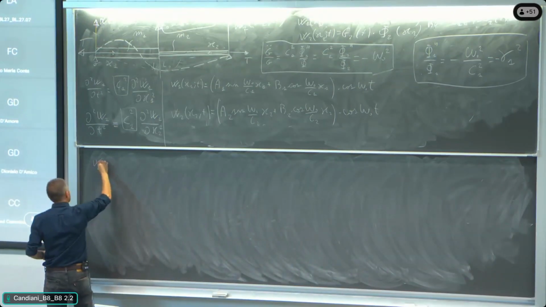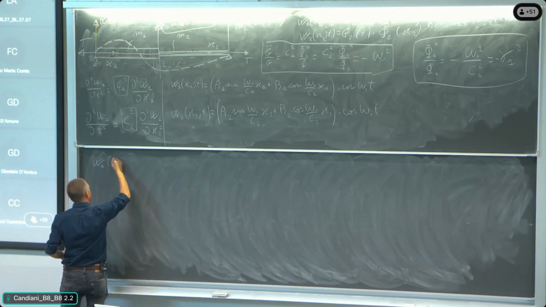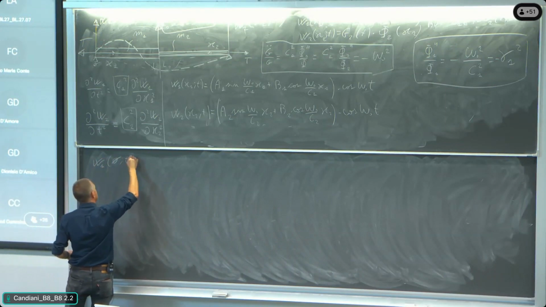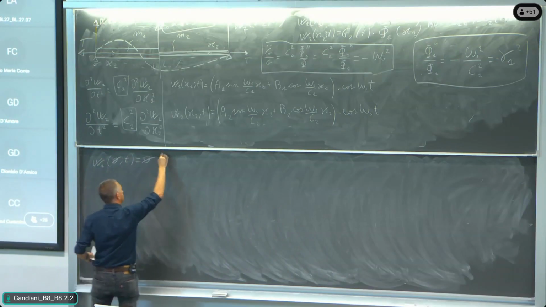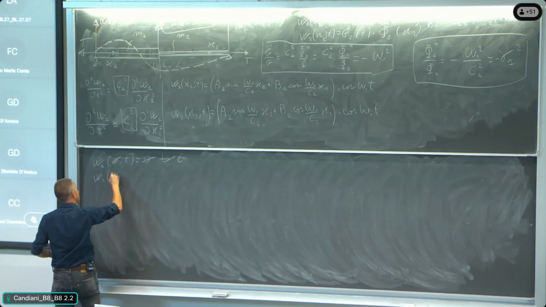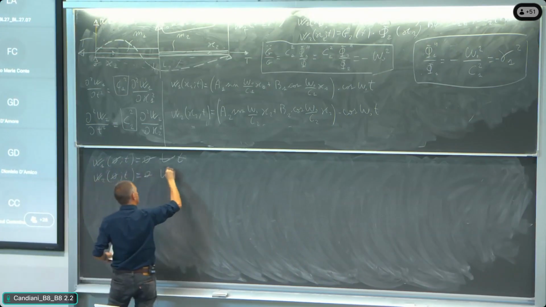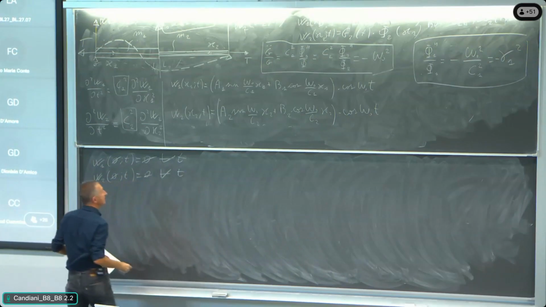So the boundary condition is W1 of 0 and time equal 0 for every time. W2 of 0 and time equal 0, whatever the time.